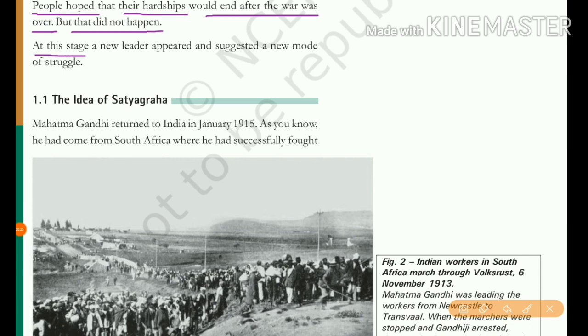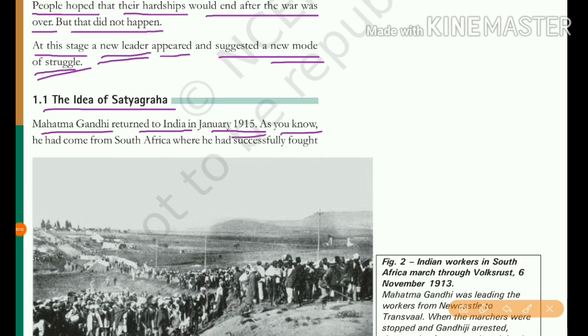At this stage, a new leader, Mahatma Gandhi, appeared and suggested a new mode of struggle, Satyagraha, that is non-violence. The idea of Satyagraha: Mahatma Gandhi returned to India in January 1915.